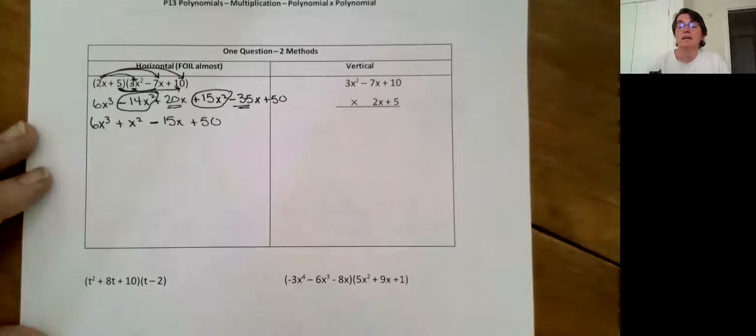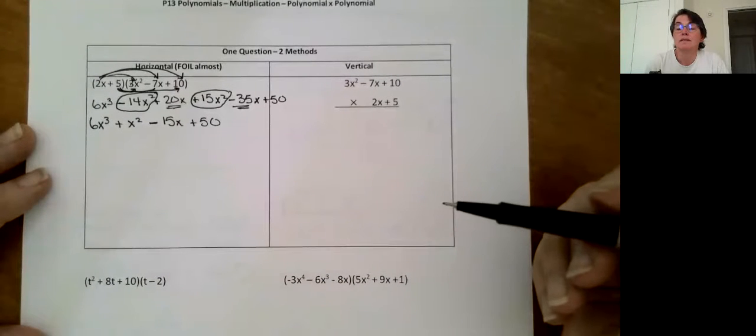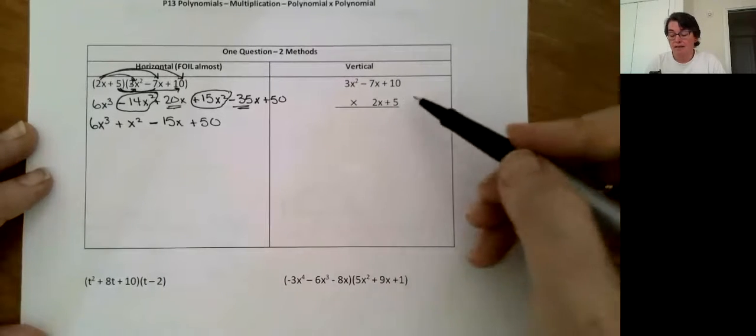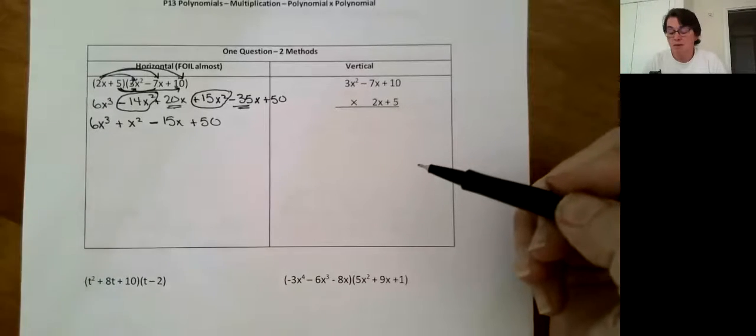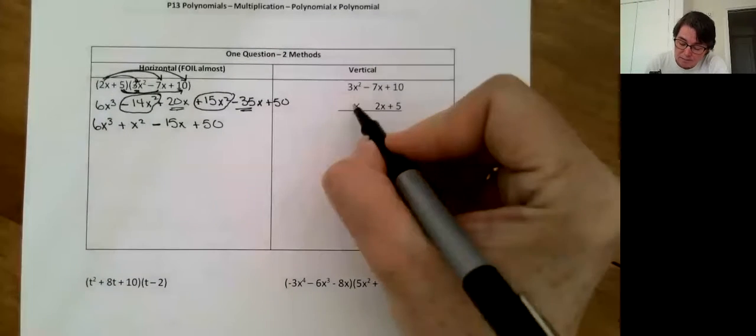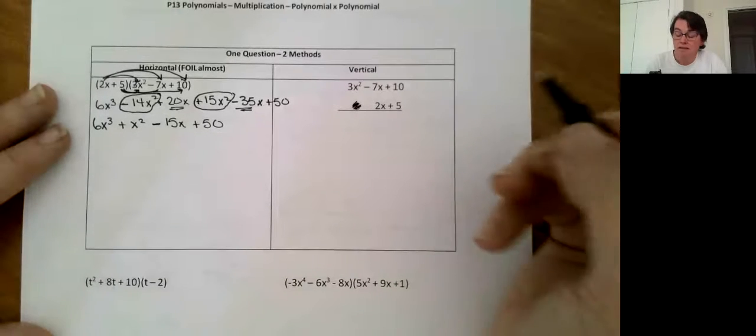This is the one time, I think I did an example of vertical multiplication on one of the monomial times polynomial worksheets, and I said I don't really use it that much. This is a time where I actually do use it a lot because it helps me be organized. And actually the first thing I'm going to do is cross out the multiplication sign. I know it's a multiplication, but it's looking like an X and it's kind of driving me crazy.